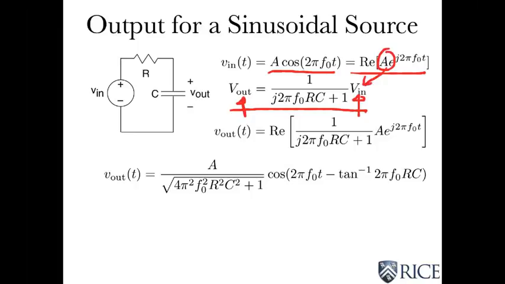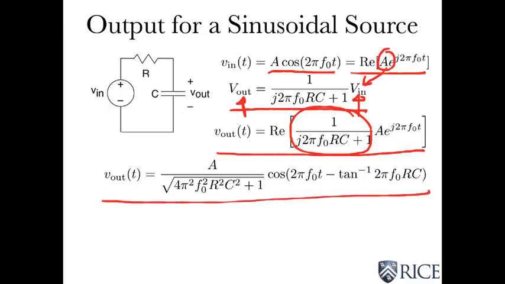Because that's the amplitude of that complex exponential. We now know that the output can be written as the real part, where you put in how the circuit transformed the voltage amplitudes, and just finding the real part, just like using the procedure we did, converting to polar form gives us our final answer. Looks a little complicated, but we'll understand what this means in just a second. We'll have a clearer interpretation of it.